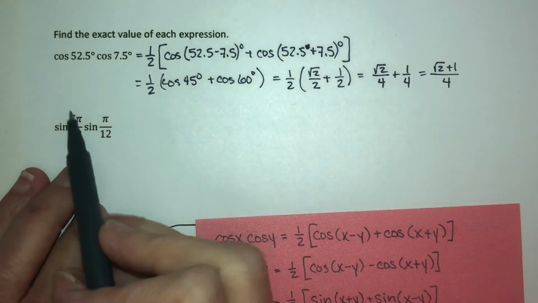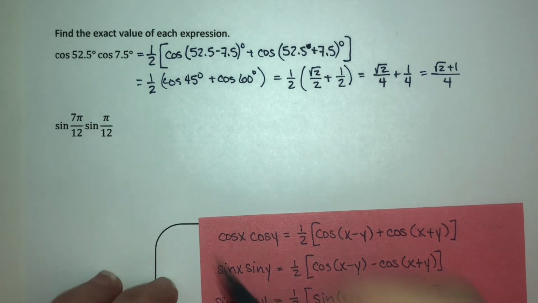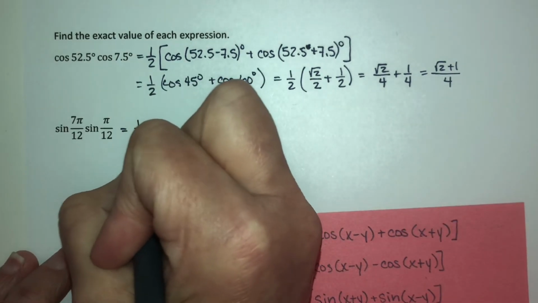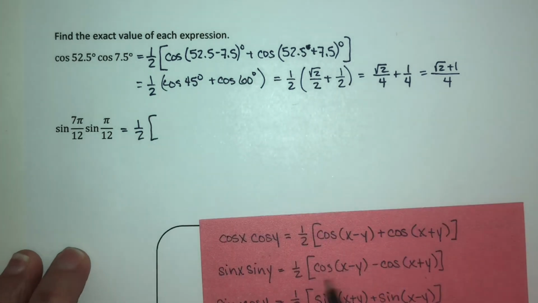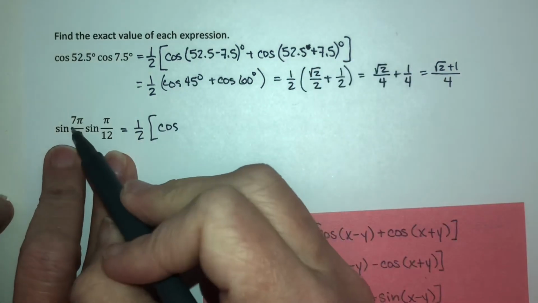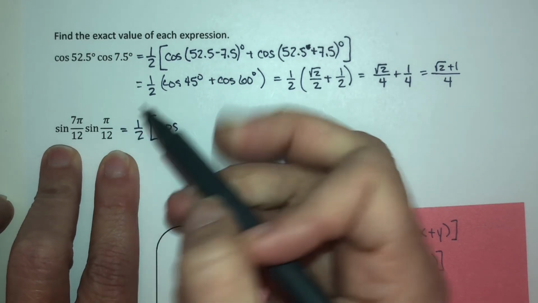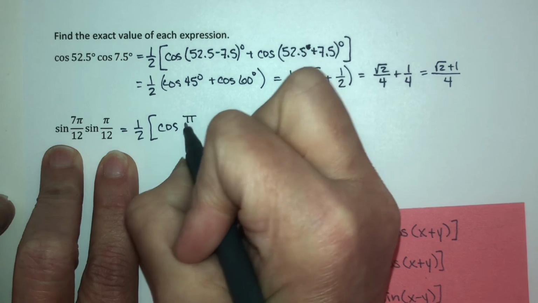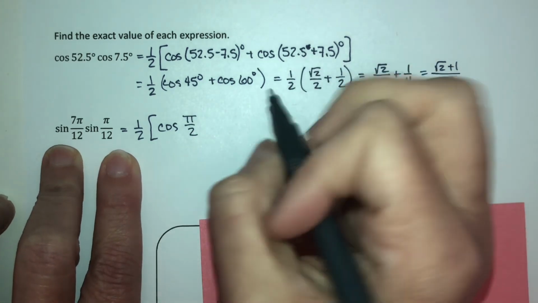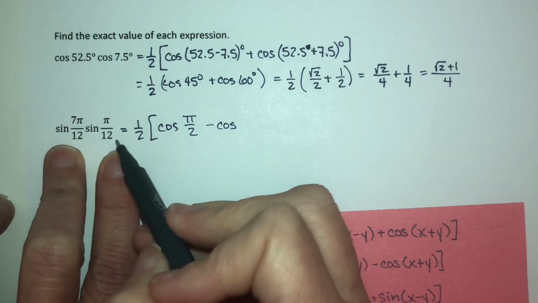One more, sine of 7 pi over 12 times sine of pi over 12. So this will be 1/2 times cosine of these two subtracted. That's going to be 7 minus 1, 6. 6 pi over 12 is pi over 2. Minus cosine of the two angles added together.